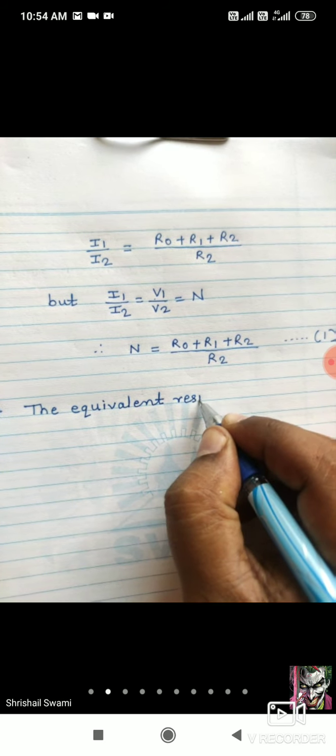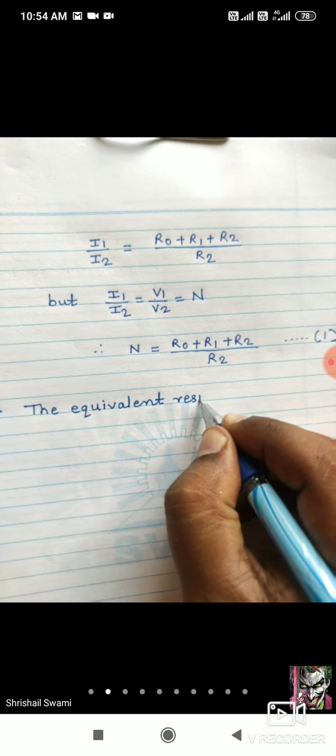Now look here, is R2 visible anywhere? No. Means from this equation, by modification, we will get the expression of R1. We will get the formula of R1. So just take the modification.